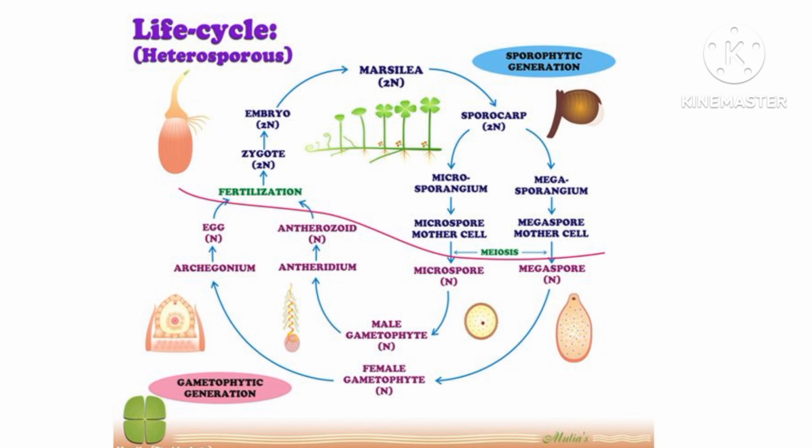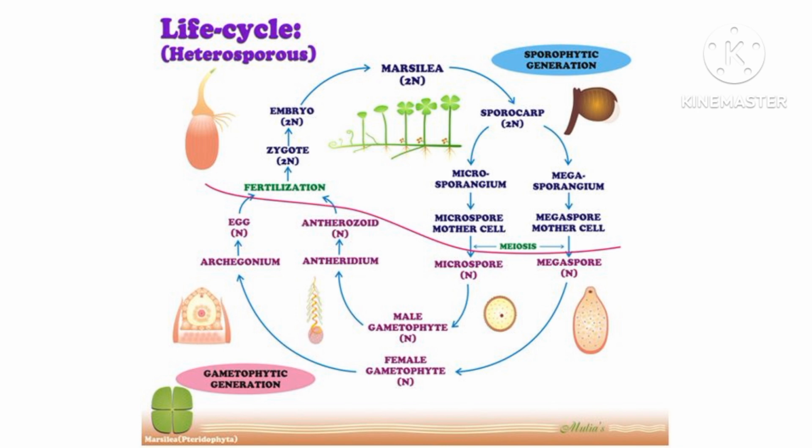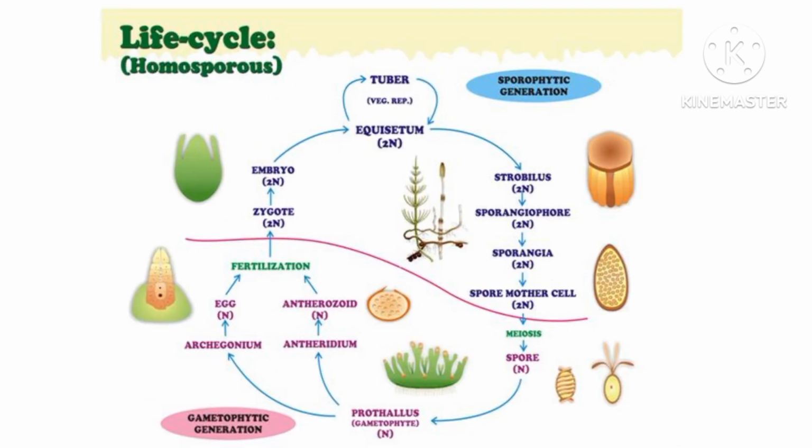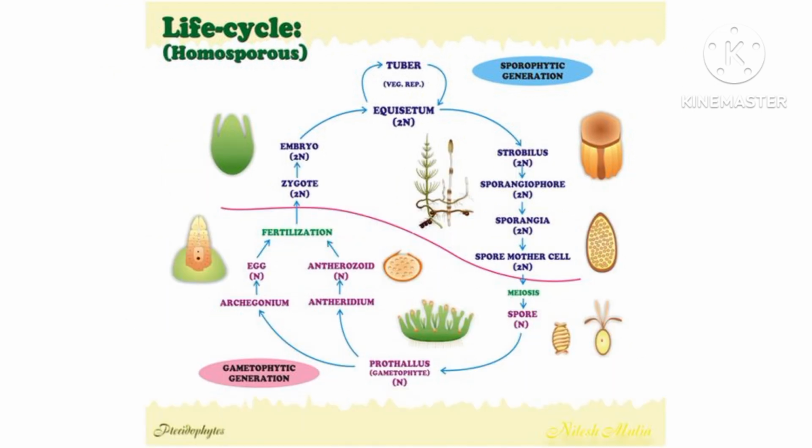From here male and female gametophytes are formed respectively. In the male gametophyte the antheridium is present, and in the female gametophyte the archegonium is present, and fertilization takes place between them, which gives rise to the zygote, and the zygote on mitosis gives rise to the embryo and forms the sporophyte, that is the plant body.